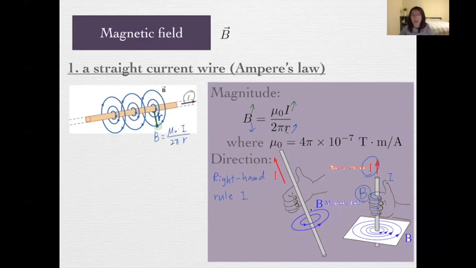For example, if I have a current going this way, my four fingers will naturally curl this way, wrapping around this wire counterclockwise.